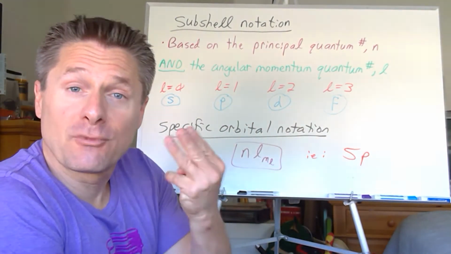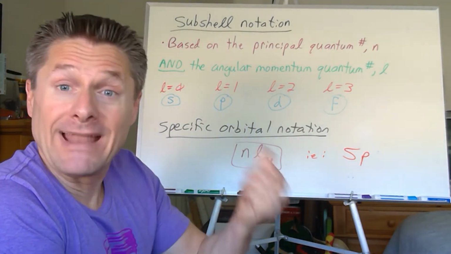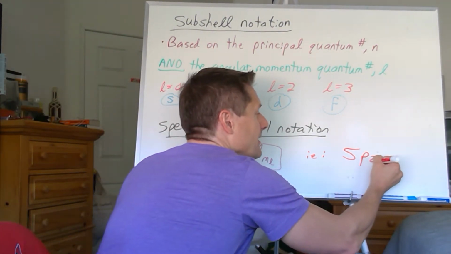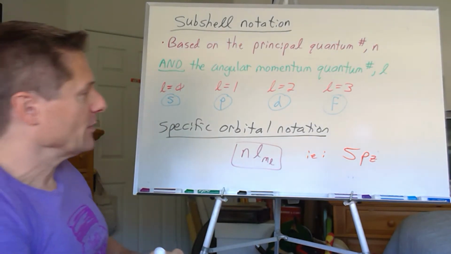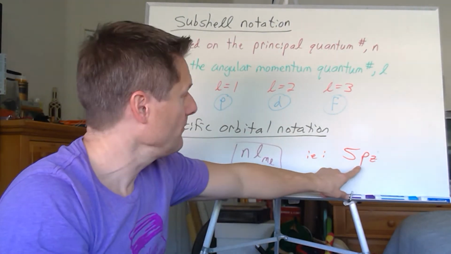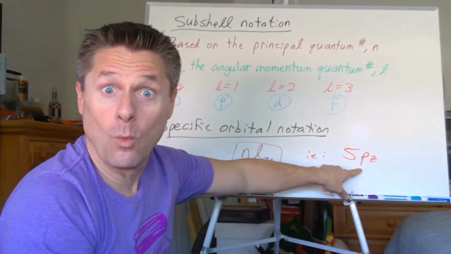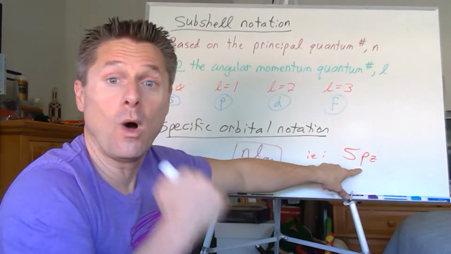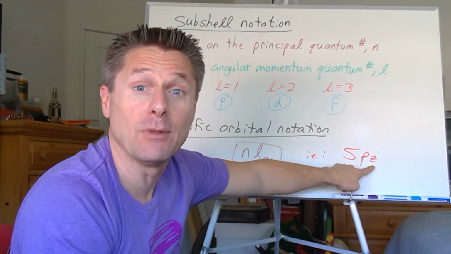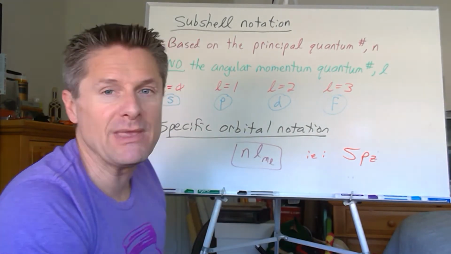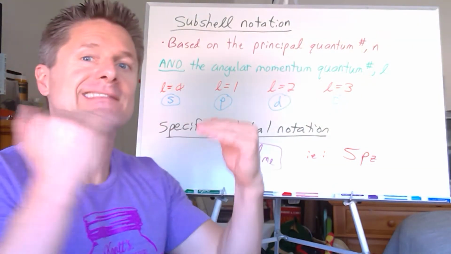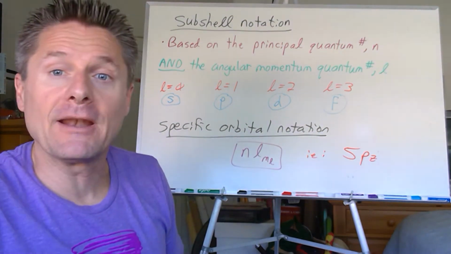And if you remember, there's 3 different p orbitals. We'll find out in this one, there's px, py, pz. So let's say it was the z orbital, right? So that would tell you this is the 5th energy level, right? P, that's the L equals 1 sublevel, so we broke it down, and that's one of the orbitals in that sublevel, one of the 3 particular ones, so 5pz. But we typically don't use that notation, all right? So we just treat the sublevels and put electrons in there later.